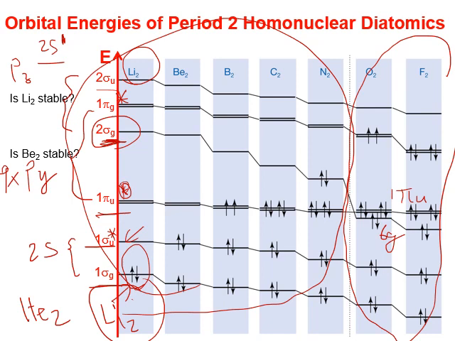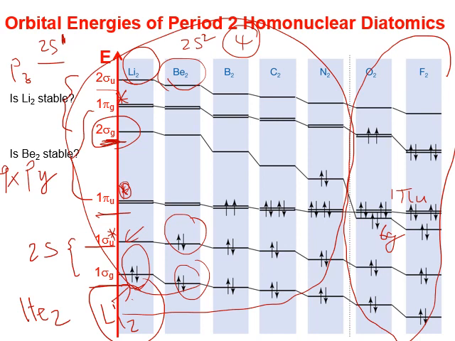Now, let's look at beryllium. The valence electron configuration is 2s2. So if it forms Be2, there are 4 valence electrons. 2 go to 1 sigma g, the bonding molecular orbital, and 2 go to the anti-bonding molecular orbital, 1 sigma u.